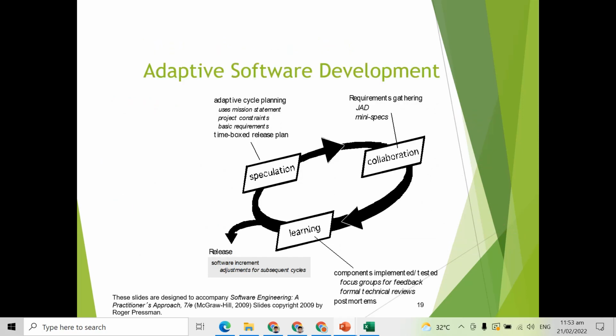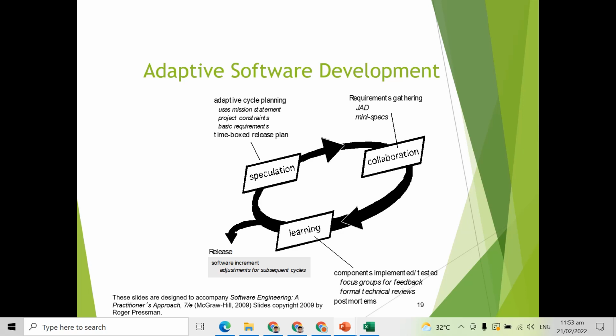So, as shown in another illustration of adaptive software development, first we have the speculation, which is adaptive cycle planning, using the mission statement, project constraints, basic requirements, and time-boxed release plan.